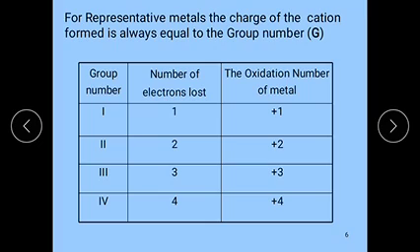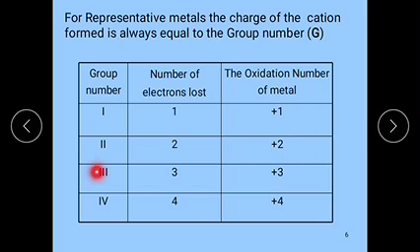For example, for group 1A, the number of electrons lost is 1, so the oxidation number of the metal is plus 1. Group 2A elements are capable of losing 2 electrons, and the oxidation number is plus 2.